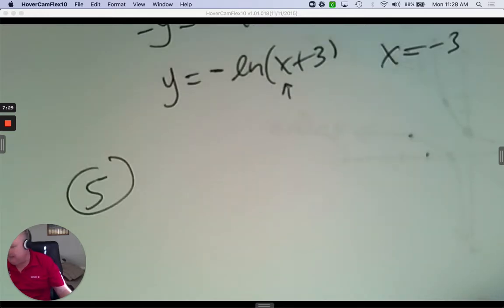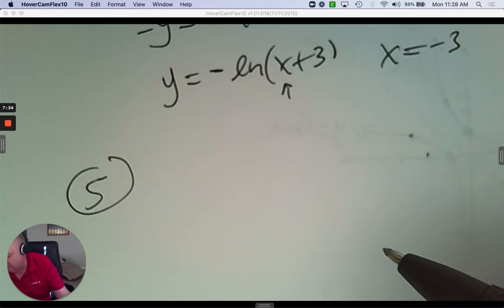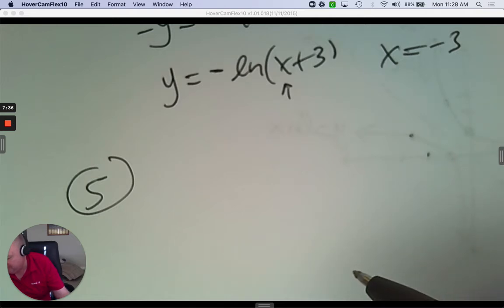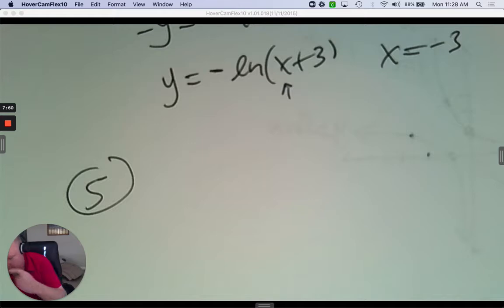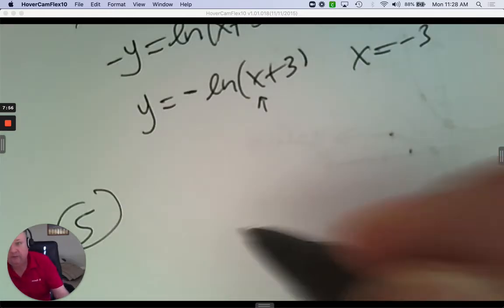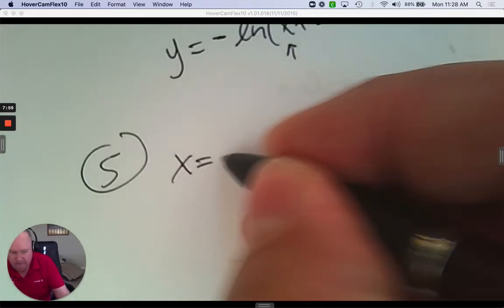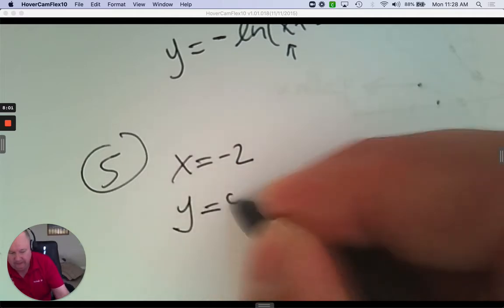So in number 5, it says, without differentiating, find the equation of the lines tangent to and normal to the graph when x equals negative 2 for the inverse. So if we're doing the inverse, x is negative 2 and y is 0.